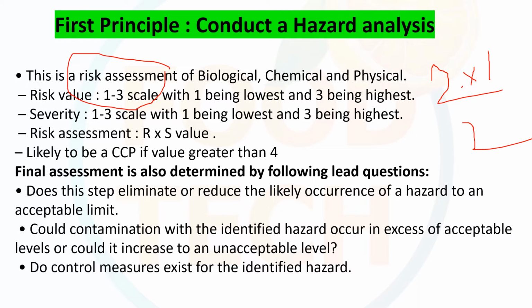So 9 can be the maximum risk assessment value, if the risk value is 3 and the severity is also 3. 9 will be the risk assessment value for any product.